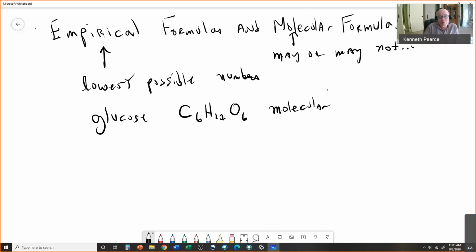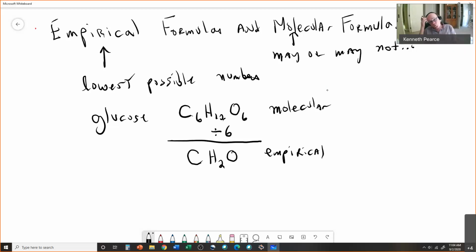And so I can divide all these numbers by 6, and I can get CH2O. And this would be the empirical. Okay, so the top one, C6H12O6, is molecular. The bottom one's empirical.